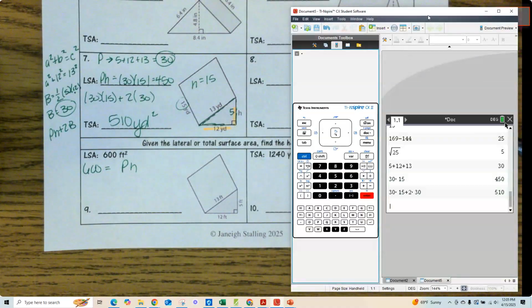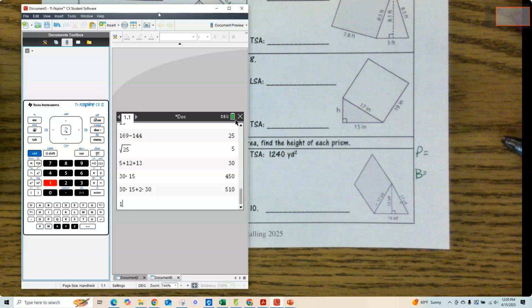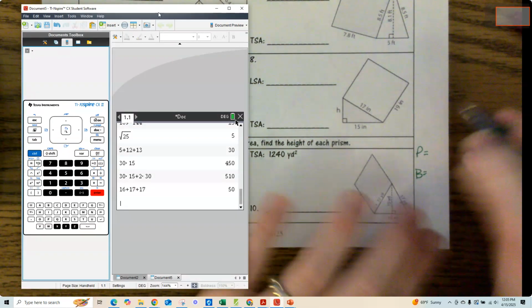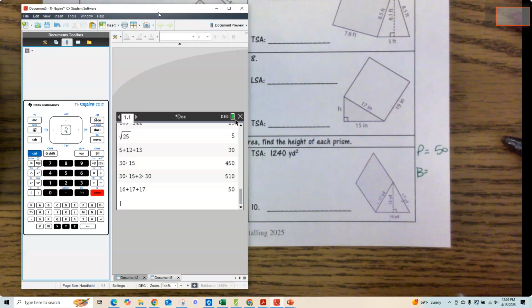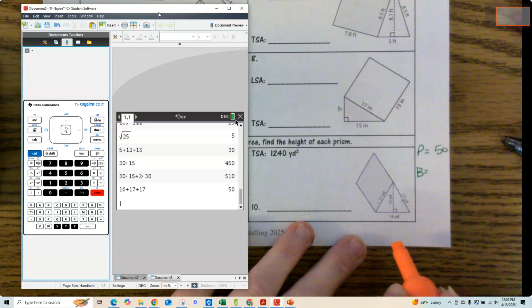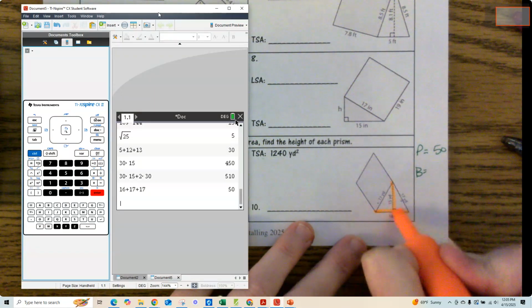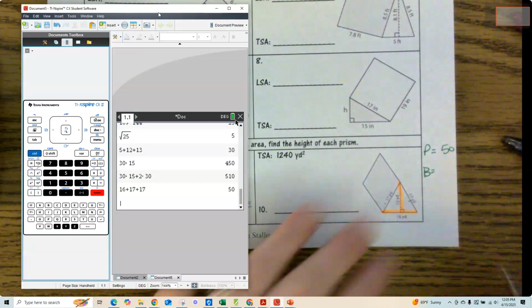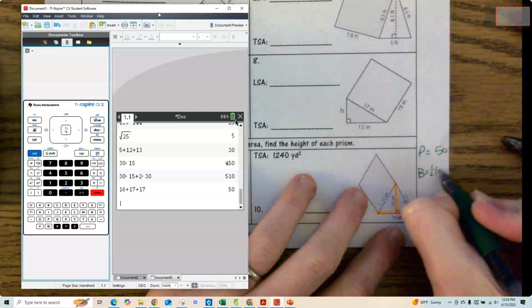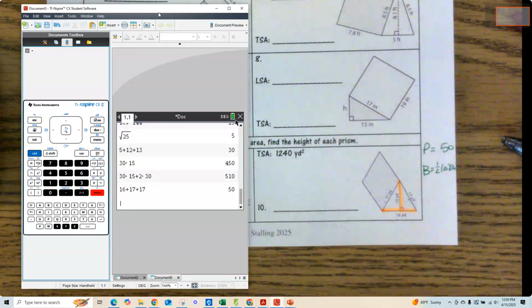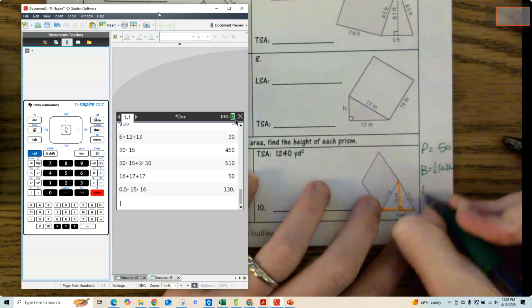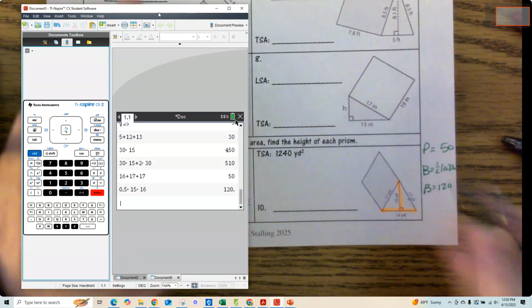So we're going to add those together. 16 plus 17 plus 17 is 50. All right, on this one right here, what two measurements are we going to use to find the area of the base? 15 and 16. So half of 15 times 16. Big B is 120.